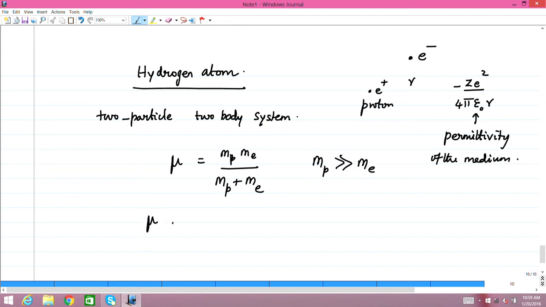Therefore, mu, the reduced mass, is approximately the same as m e, because m p cancels the m p, so it is about m e.